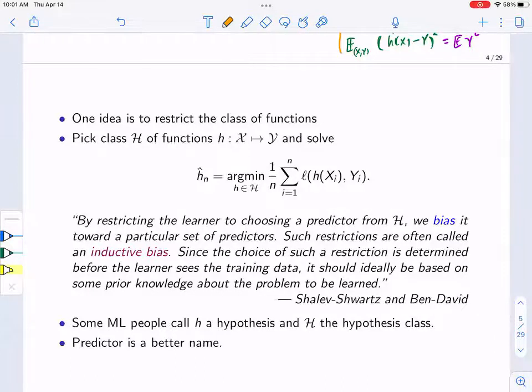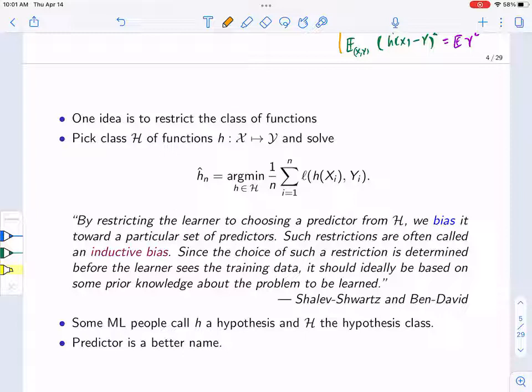So this is from the book by Shalev-Shwartz and Ben-David. By restricting the learner to choosing a predictor from H, we bias it towards a particular set of predictors. Such restrictions are often called an inductive bias. I just included this term because you might see it in the literature.